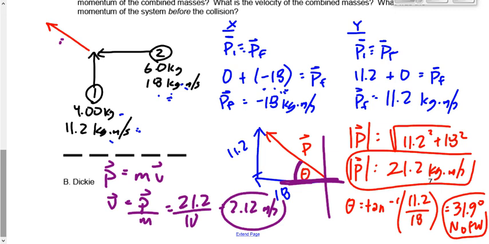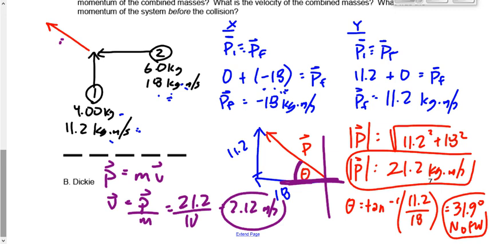I haven't shown you how to find the momentum before in one of these collisions, have I? Corey? PI equals PF. So what's the answer, Corey? 21.2 at 31.9 degrees north of west, right? That's the momentum after that we found, but it's also the momentum before because the initial momentum equals the final momentum. Is that good?